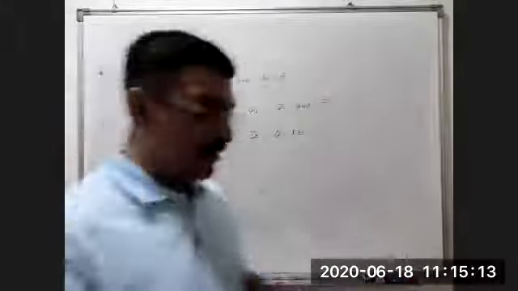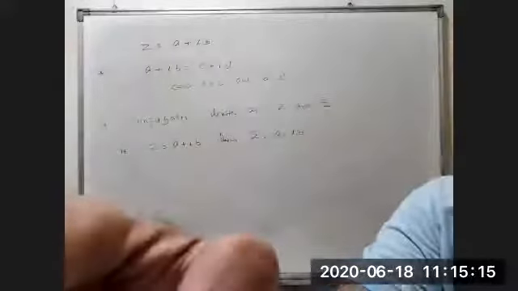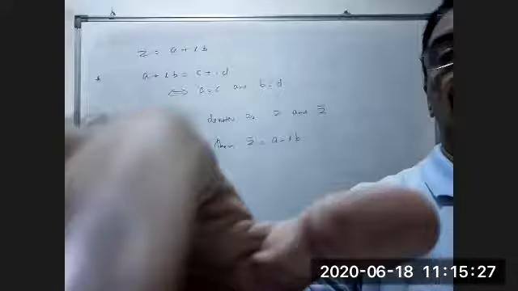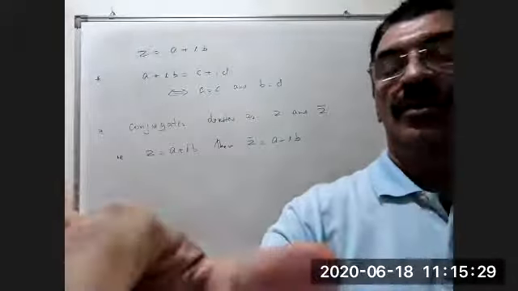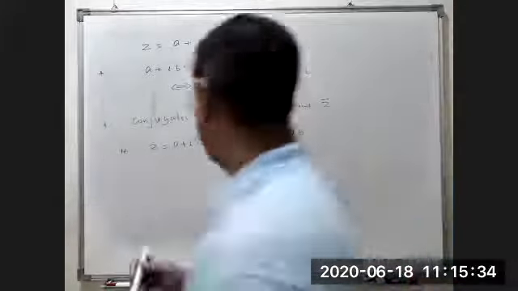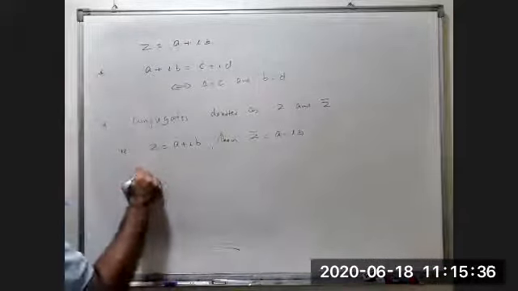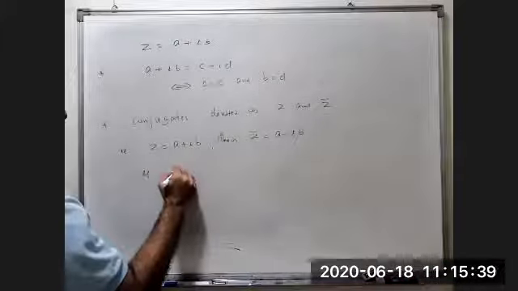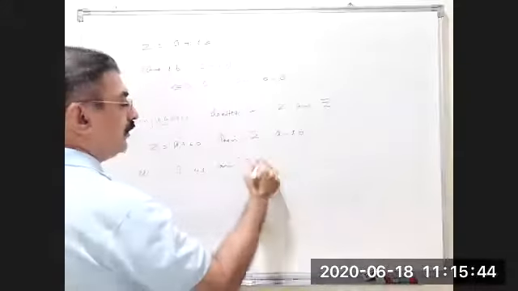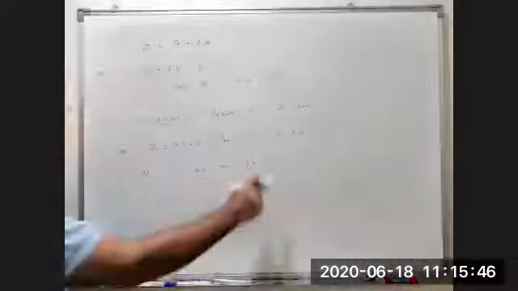So two complex numbers which differ in the sign of their imaginary part. Example, 3 minus 4i and 3 plus 4i are conjugates.